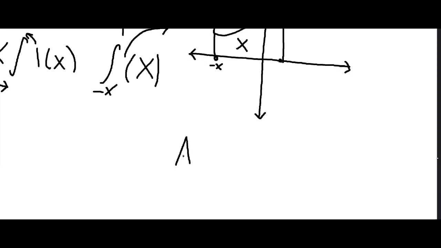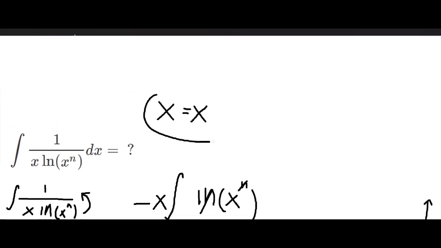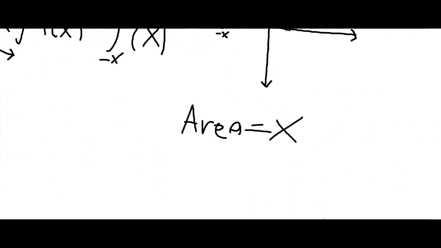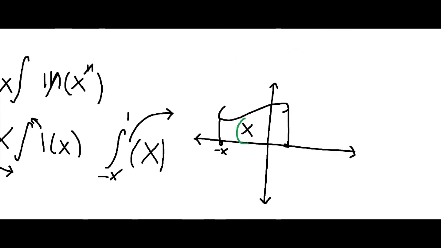So area equals x. And if we want to see if this is true, we could go back to our proof over here. So it looks like x does in fact equal x. If we go over here, and area is x, so the area for this equation will be x.